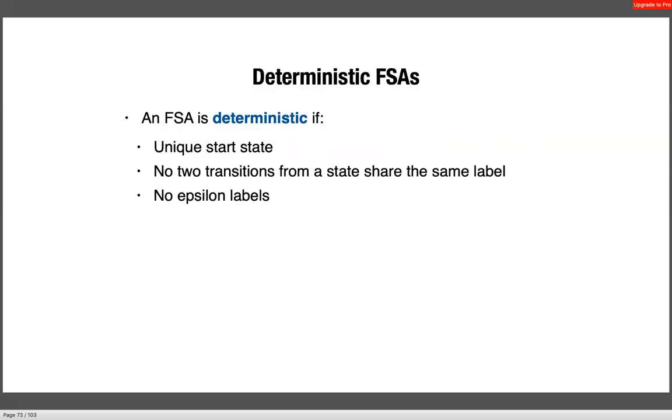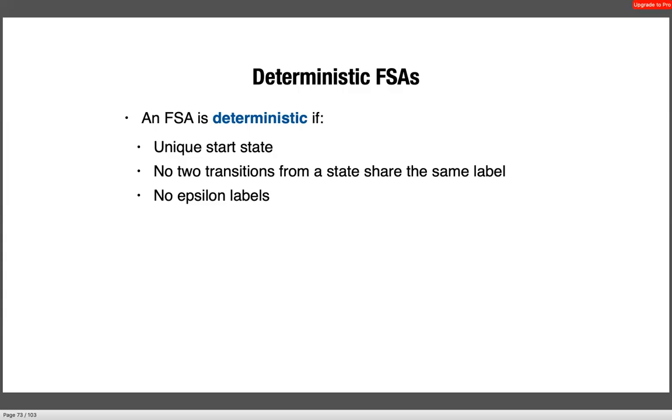First, when do we say that a finite state acceptor is deterministic? One, it has a unique start state. Two, no two transitions emerging from a state share the same label. So if you're at a particular state and you encounter a particular symbol, there is only one other state that you can transition to.